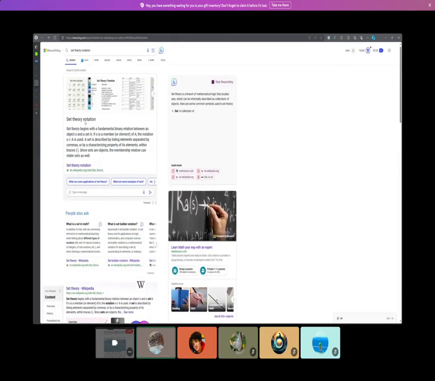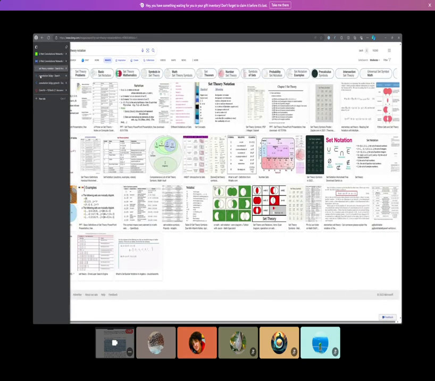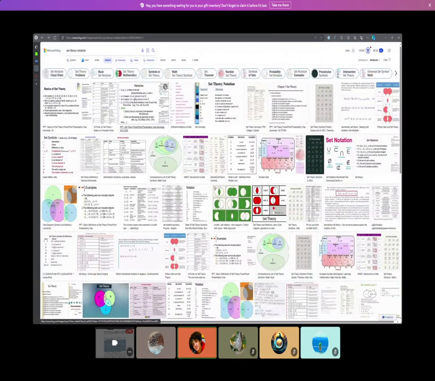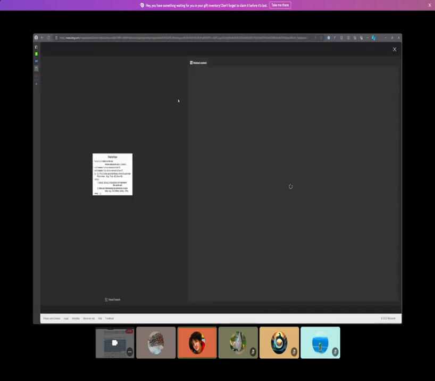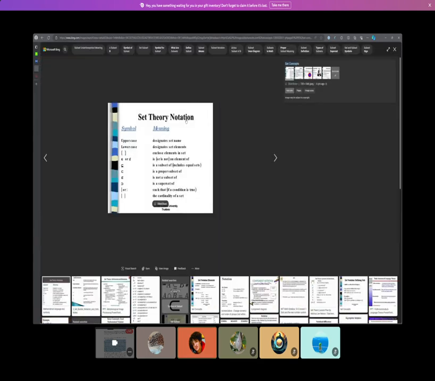Click on the fifth one, the very bold one. Yeah, not good. Look up set theory visualization.